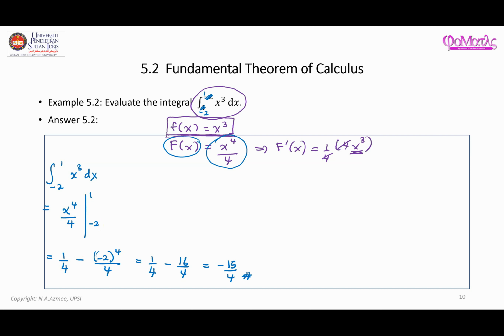Now I'm going to tell you the meaning of a negative result that we have here. Now to some of you, you might be confused why the result is negative when we in fact talk about the area.